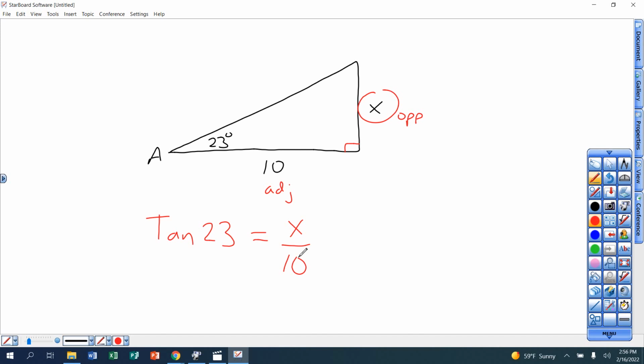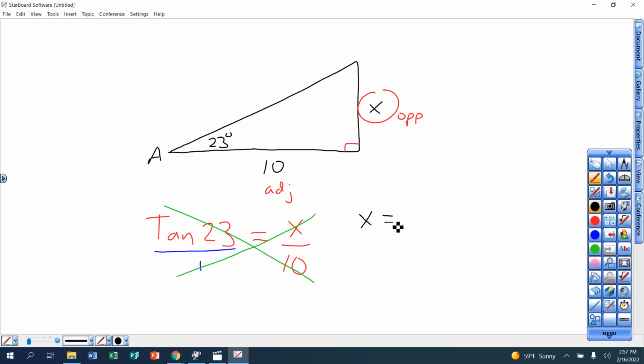Alright, to solve for one of these, ladies, once you know what angle you're coming from, which tells you which sine, cosine, tan to use, then of course you set up these two pieces the right way too. And then this is a ratio problem. So to solve this ratio for x, technically I could put this whole mess over 1 and then just crisscross multiply. So when I times this way, I just get 1x or just x.